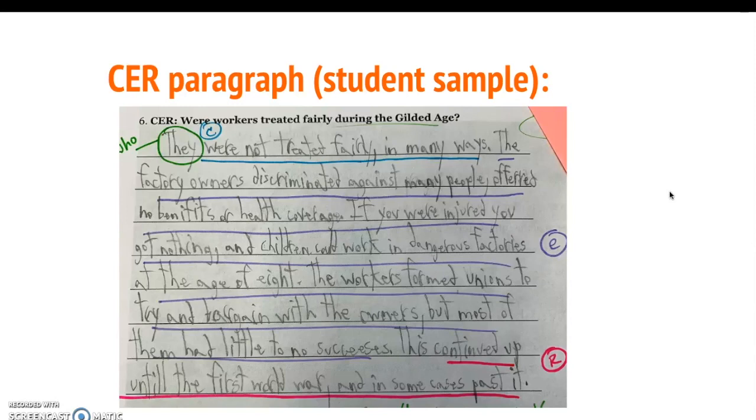The idea was that workers were treated badly, and this really began to spark workers' unions and eventually reform going into the 1900s. So not a really heavy or difficult question to answer, but the idea today was to practice writing a CER while still answering this question.